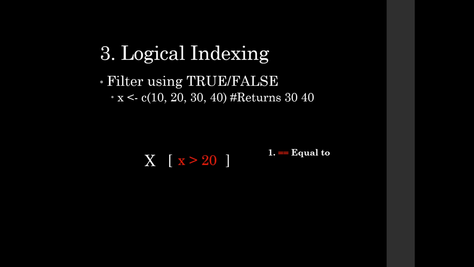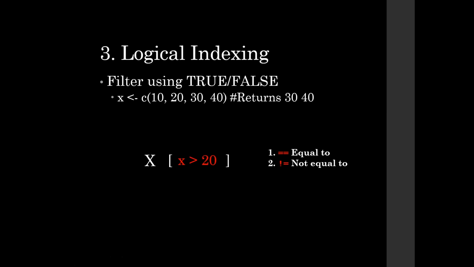There are other logical operators. Remember that the equal sign is written two times to tell R that this is a logical condition, and a single equal sign is for the assignment operator. Not equal to is an exclamation mark followed by an equal sign.